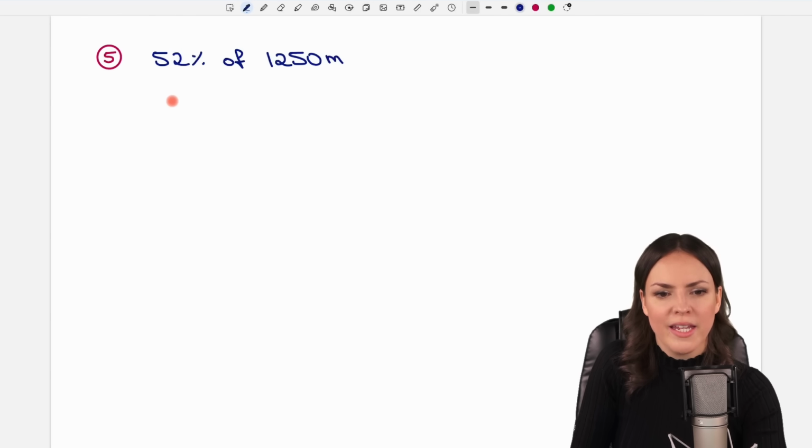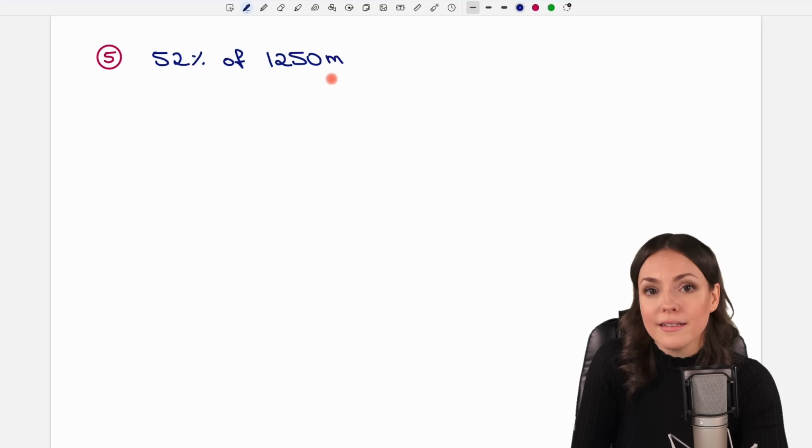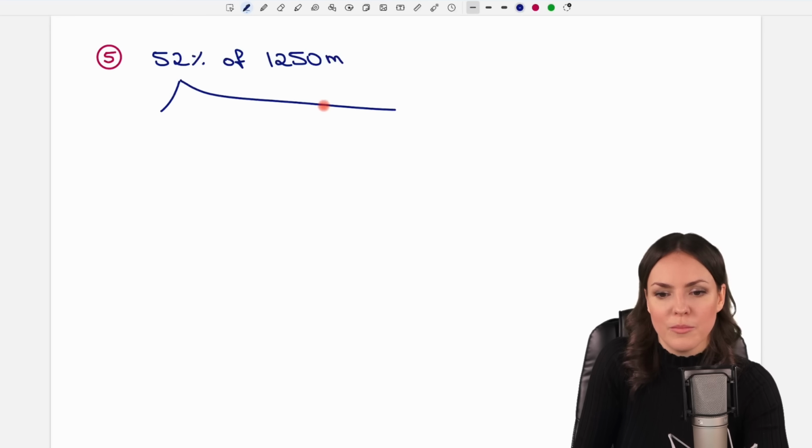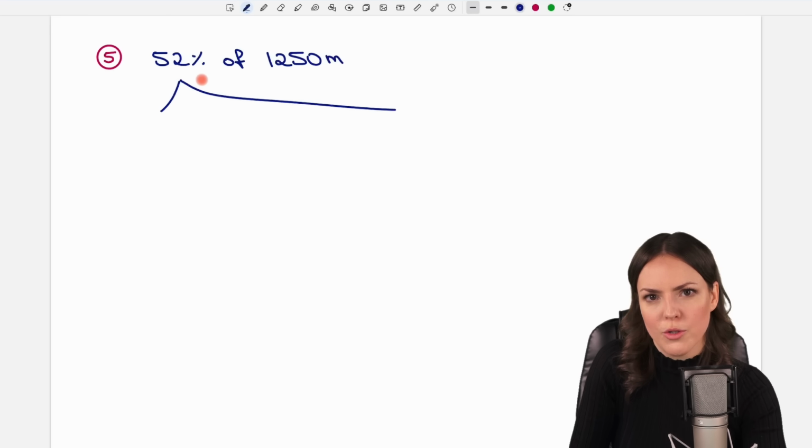Number 5. Yeah, this time the numbers are not so nice anymore, but I want to show you a different method here, because you can always take this number here and instead of calculating 52% immediately, you can split this number into 2 easier numbers.